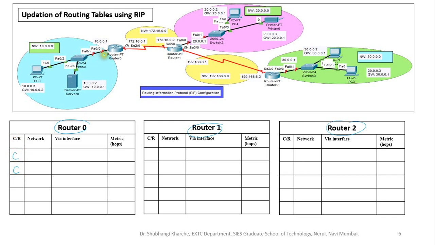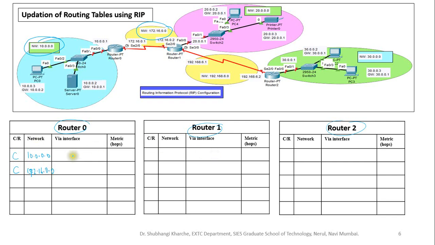Now router 0 is directly connected with network 10.0.0.0 and 172.16.0.0. So it will have the entries for these directly connected networks. Before configuration of the RIP routing protocol, we are going to check these entries in the routing table of router 0.